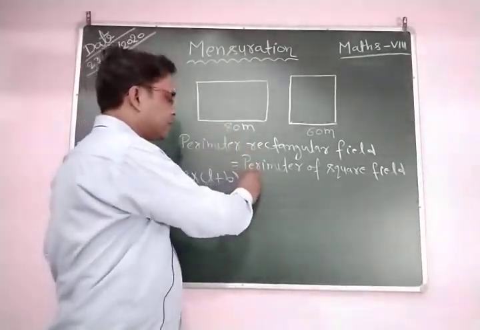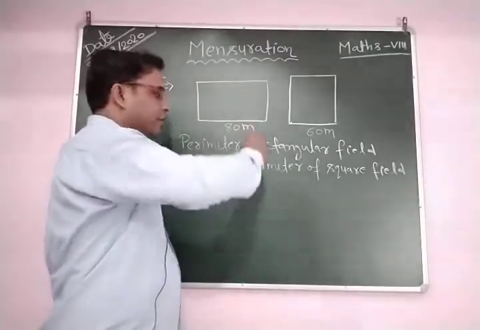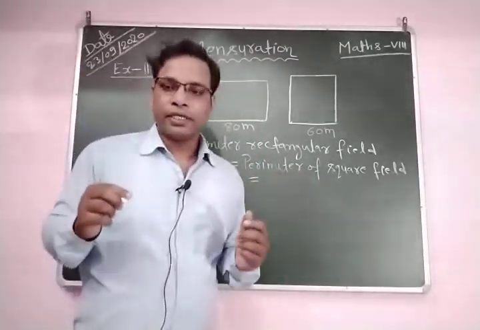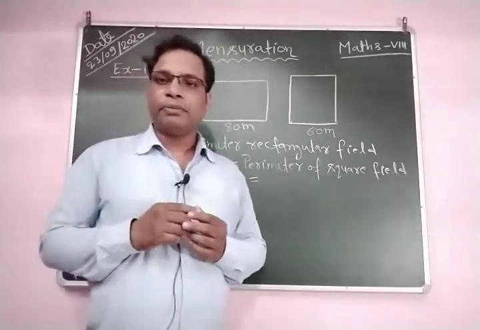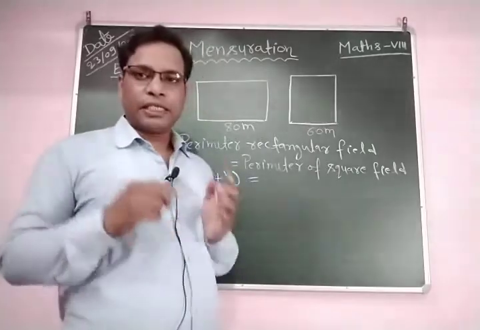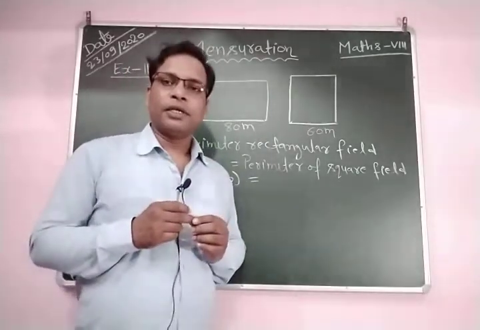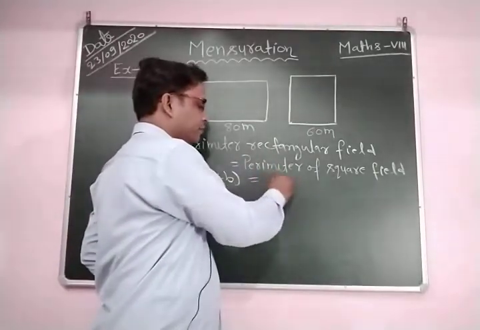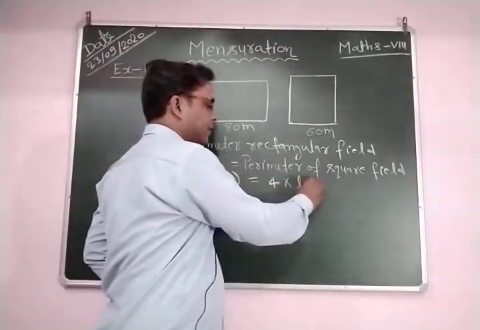Now we can write the perimeter of the square field. What is the formula for the perimeter of a square? You know very well, 4 into the length of a side. So you can write 4 into the length of side.